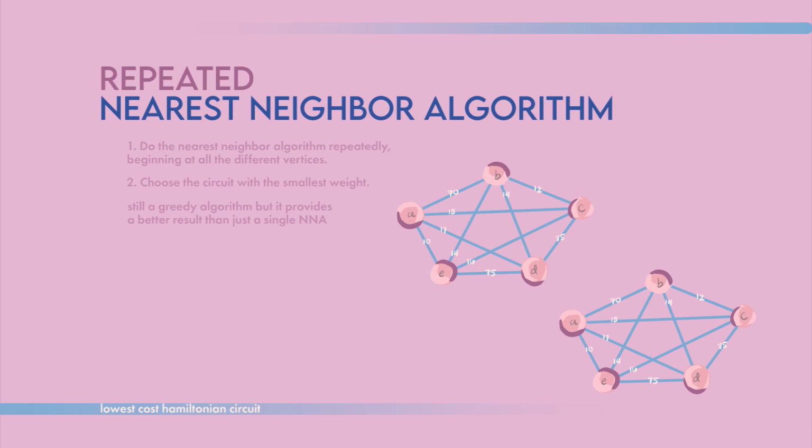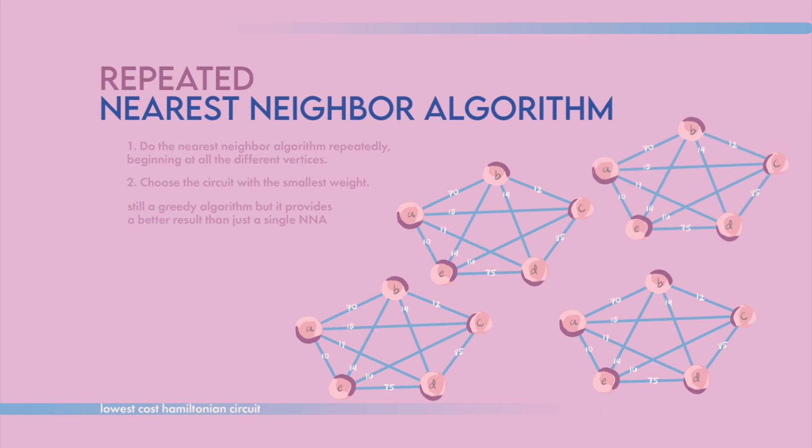The repeated nearest neighbor algorithm is still a greedy algorithm. It is the nearest neighbor algorithm after all, just repeated, but it provides a better result than just the nearest neighbor algorithm alone. This is because it minimizes the effect of the starting vertex on the resulting weight of the Hamiltonian circuit.